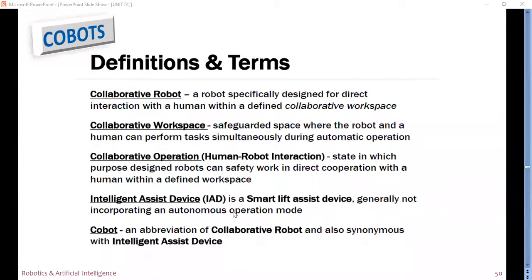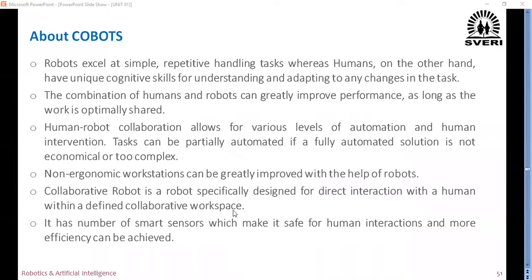Now, about cobots. Robots excel at simple, repetitive handling tasks, whereas humans, on the other hand, have unique cognitive skills for understanding and adapting to any changes in the task.